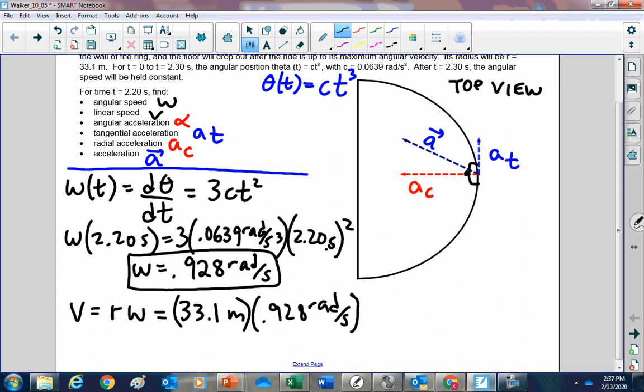It's like a ratio, so I wouldn't do meters times radians over seconds. I can just get rid of the radians when I do the units, so that now I'm back to having meters per second. Okay, 30.7 meters per second. That's pretty fast.